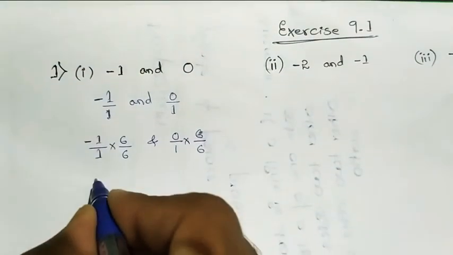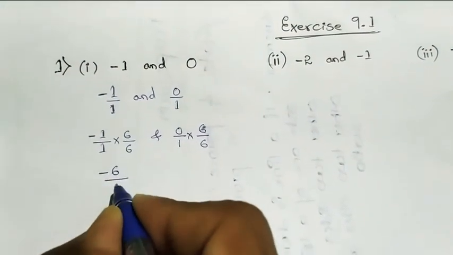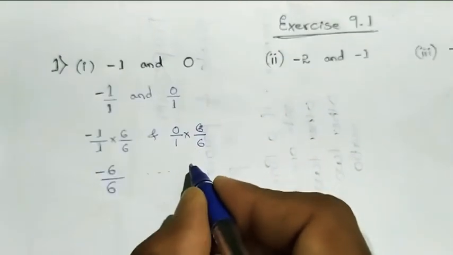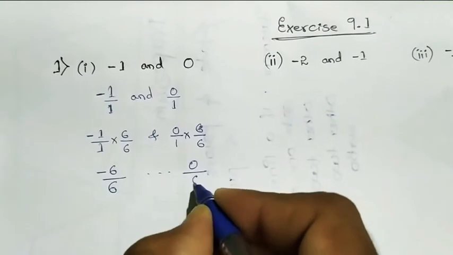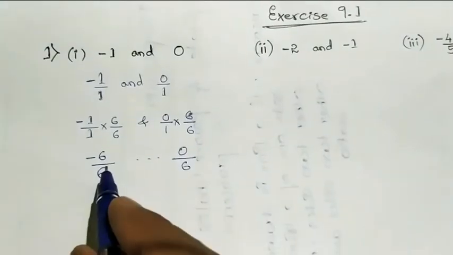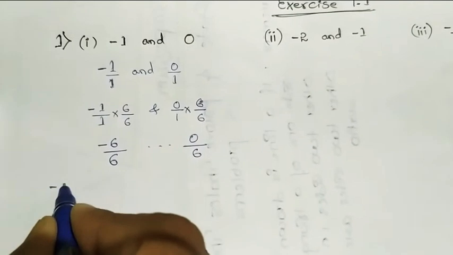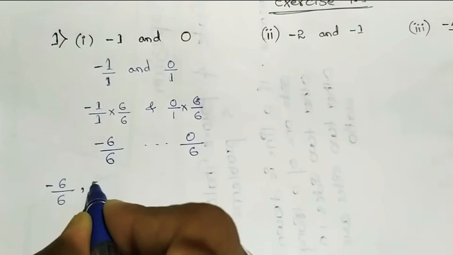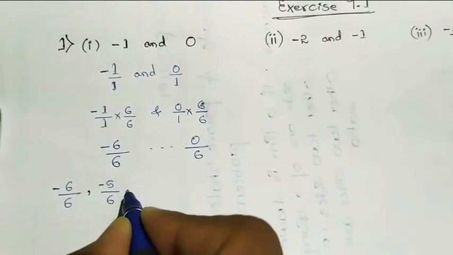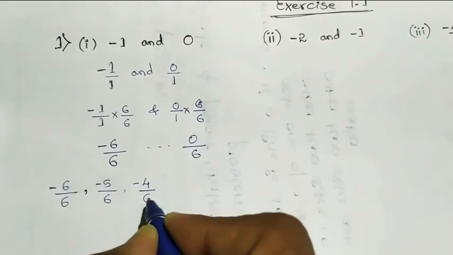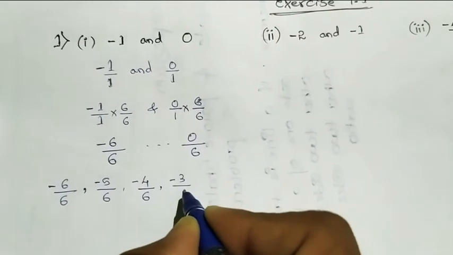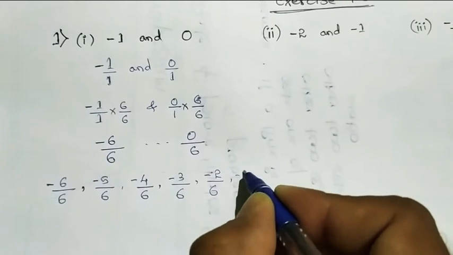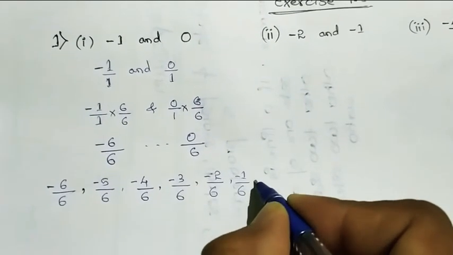So -1 into 6 will be -6, 1 into 6 is 6, and here we will get 0 into 6 is 0, 1 into 6 is 6. Okay, so in between these two numbers, -6 by 6, I will go with -5 by 6, -4 by 6, -3 by 6, -2 by 6, -1 by 6.